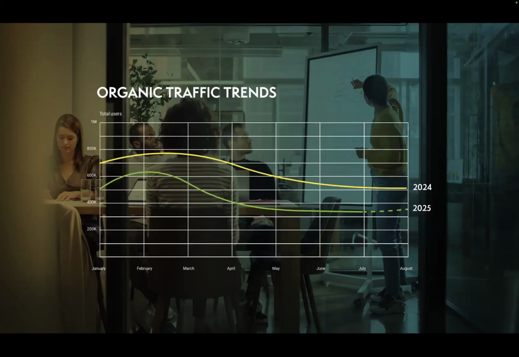I also wanted to include the organic traffic trends. This tells us that organic traffic month over month is going down as we go into the future. 2024 organic traffic looked pretty solid, but here in 2025 we're seeing significantly less organic traffic. A lot of this does have to do with AI search.